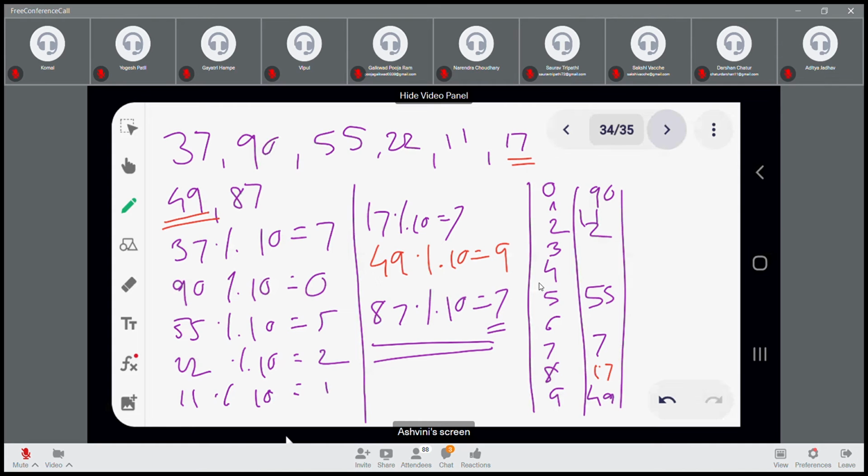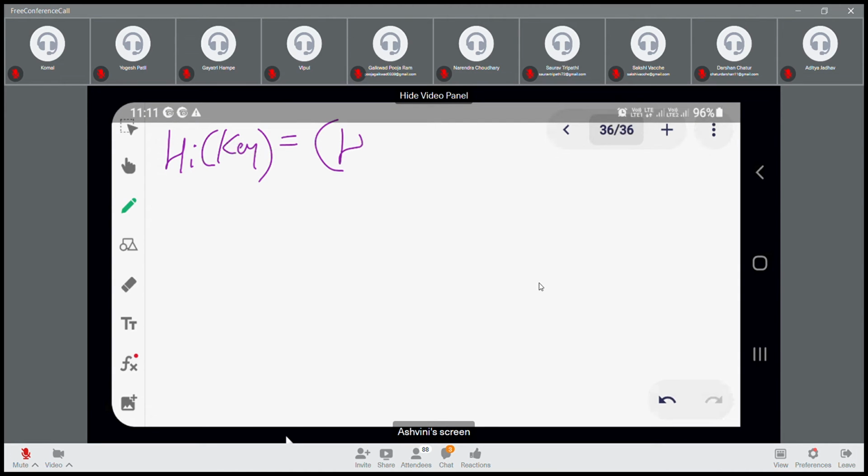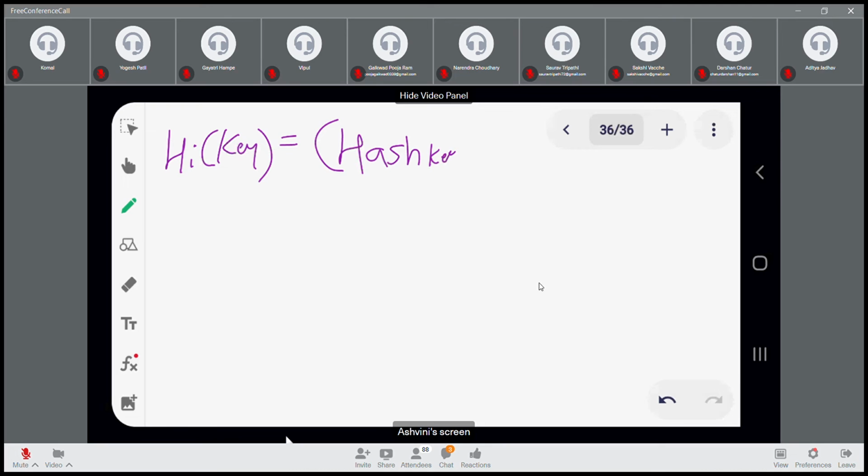Okay. So let's apply the rule again. Now, according to the rule, H I key, I will write it again, is equal to hash key plus I square mod M. Okay.